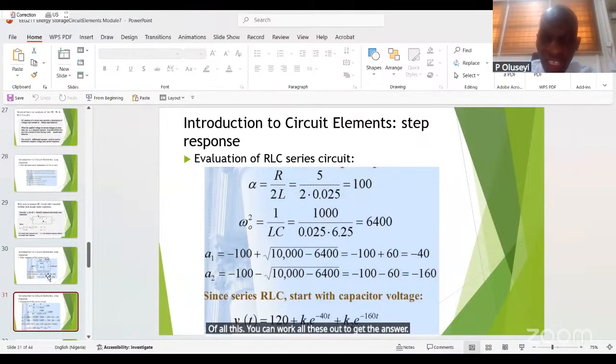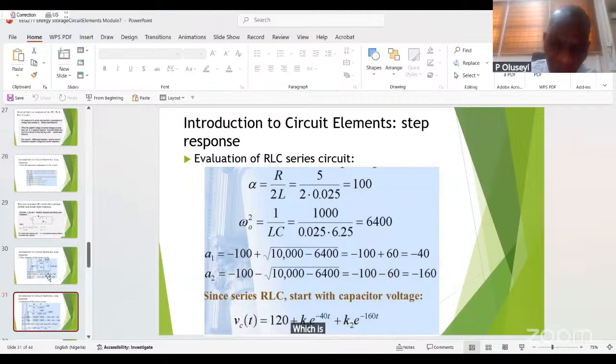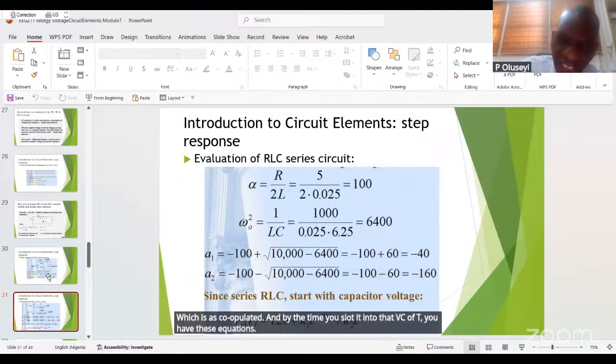On account of that, you can calculate alpha, which is R over 2L, while you can calculate omega naught square, which is 1 over LC. And you will get the two constants, alpha 1 and alpha 2, as calculated. By the time you slot it into that VC of T, you have this equation on the slide.